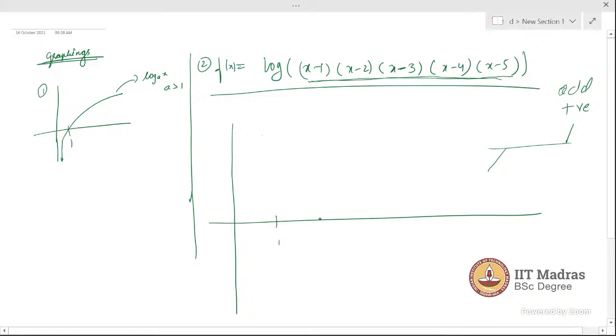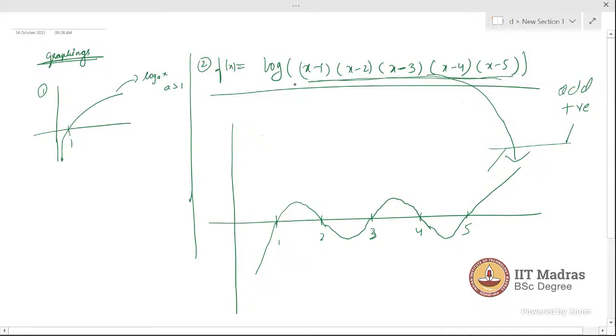Okay, I'll mute everyone. Now I have this. Now if I have to draw the graph, you see this is going like this, right? Now look at this part. At 2 it has to go something like this, at 3 something like this, 4 something like this, 5 something like this. This is the graph for this part of the polynomial, right?